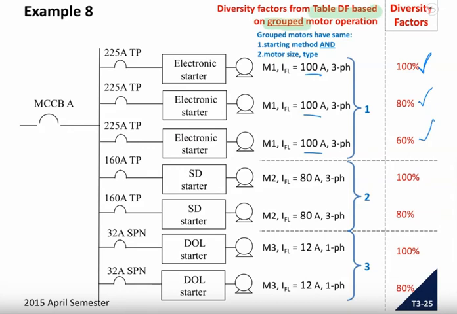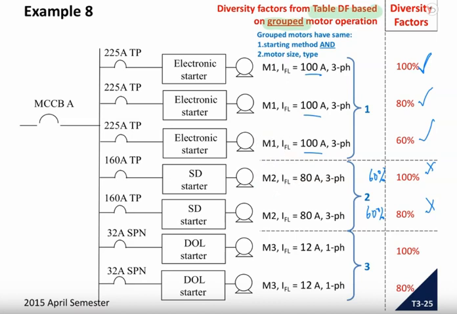Okay, and if we continue to do this, we are going to apply diversity factor to the second group again. So we have to start with 100% and 80%. Okay, so it is not correct to say that this is 60%, this is 60%. Because M1 and M2 are of a different group, and so we do not apply diversity across different groups.